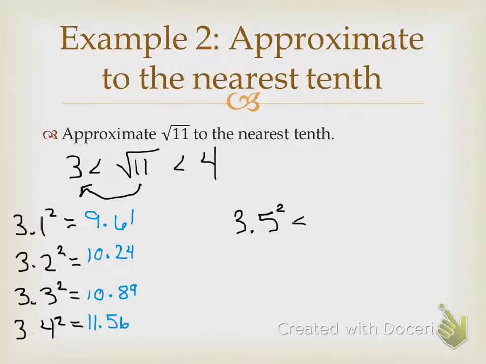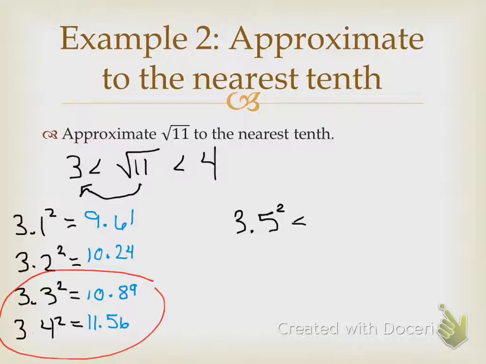Now, do I need to go to 3.5? Do I need to keep going? No, I don't, because I have 2 numbers that are on either side of my target number 11. Once I have a number on either side, now I can look at which one is closest.